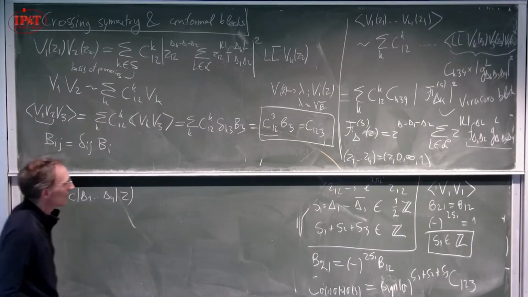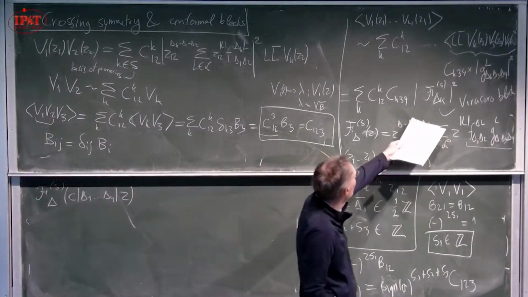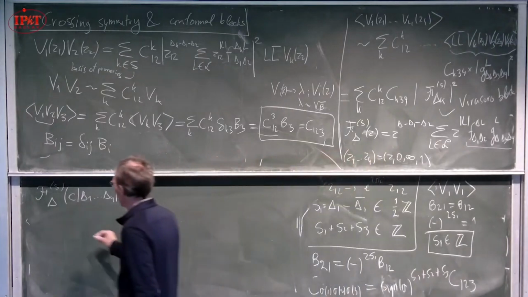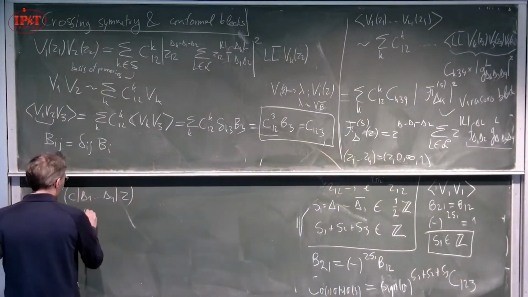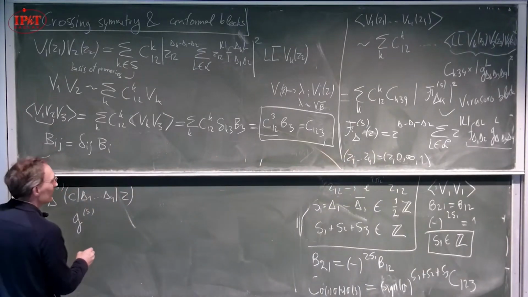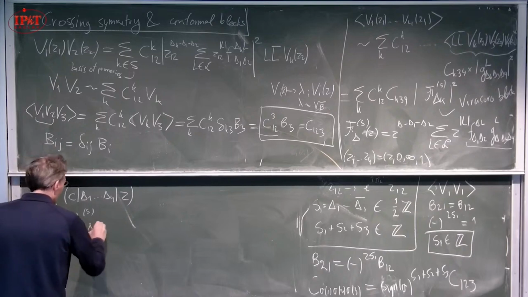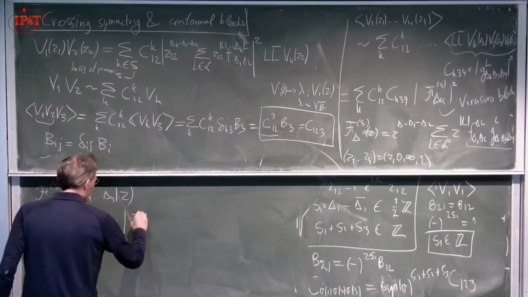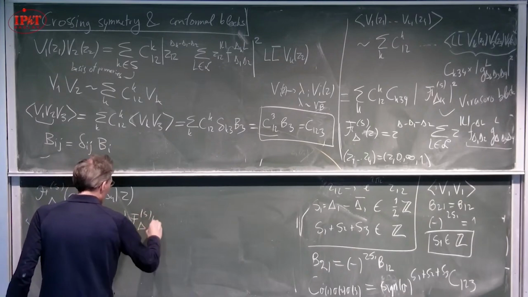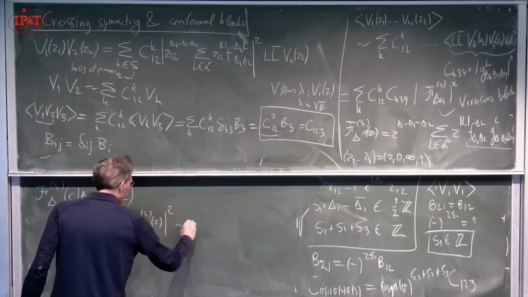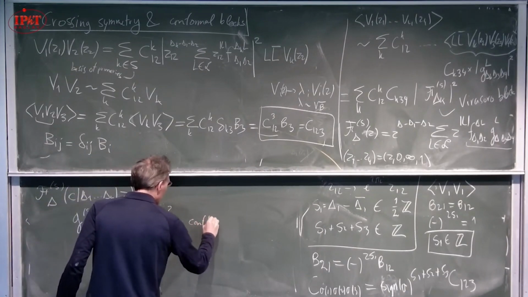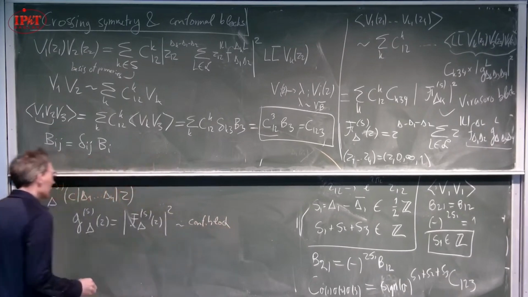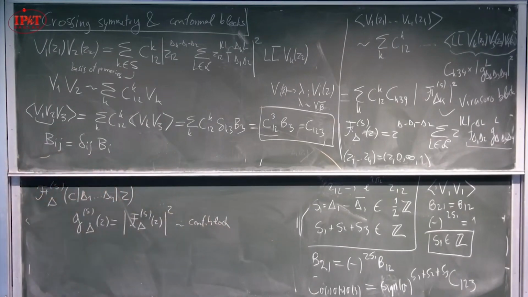Now, what appears is the modulus square of this block. That's really what I want to call a conformal block, as opposed to a Virasoro block. So G_Δ(z), which is defined as |F(z)| squared, is a conformal block.